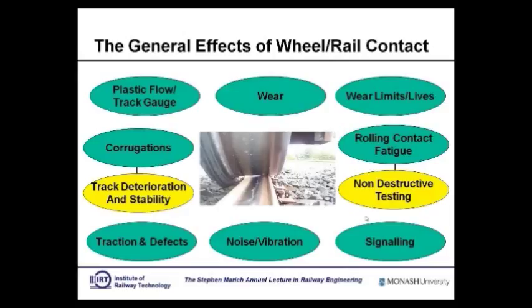You've got noise and vibration coming through, and the last one on this side is signaling. That is a very interesting one that someone else who will be talking about signaling will mention, if they've got any guts, how the wheel-rail interface actually affects signaling.